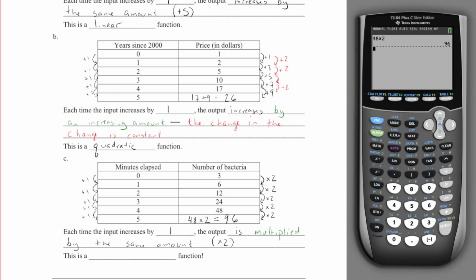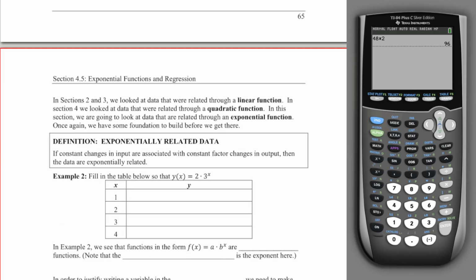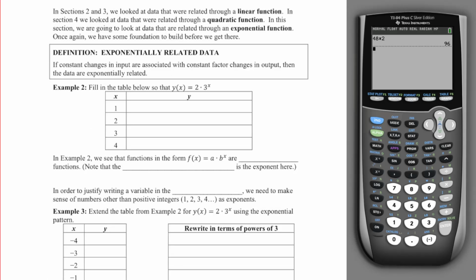And so this then is a new kind of function. The new kind of function, of course, is the subject of this video. It's called an exponential function.